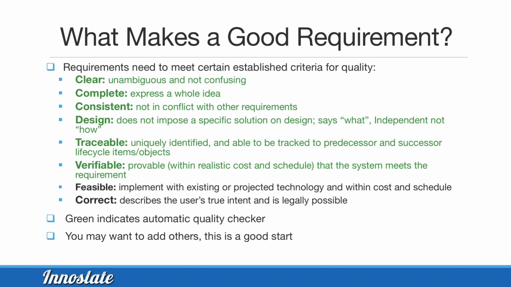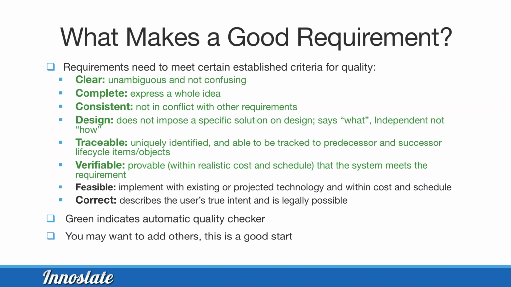So what makes a good requirement? Again, these are the ones we've come up with or ones we use in our tool. I would say that we didn't come up with these. This is a list I've had for years, and we just applied it. And so the tool itself, in the items in green, has a quality checker that does natural language parsing and looks at the information in the description field of the requirement, and it'll actually give you hints as to whether it thinks it's clear or complete or consistent.